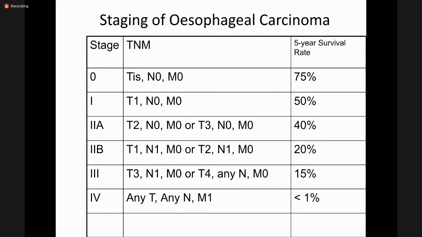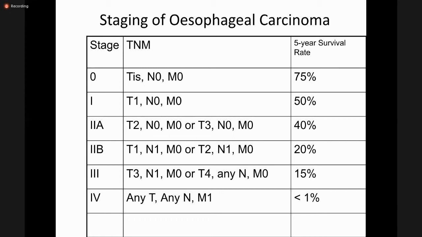So it may be divided into stage 1, stage 2A, 2B, 3, and 4. Stage 1 is involving the 2 layers, that is mucosa and submucosa, and no nodal involvement or metastasis. Stage 2A means the second layer, third layer, muscularis propria is involved, and no nodal involvement and no metastasis.